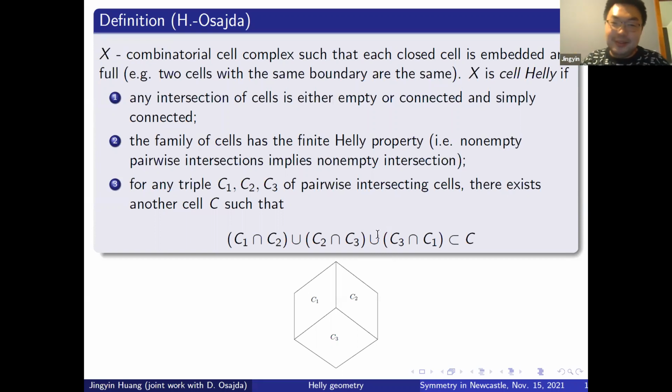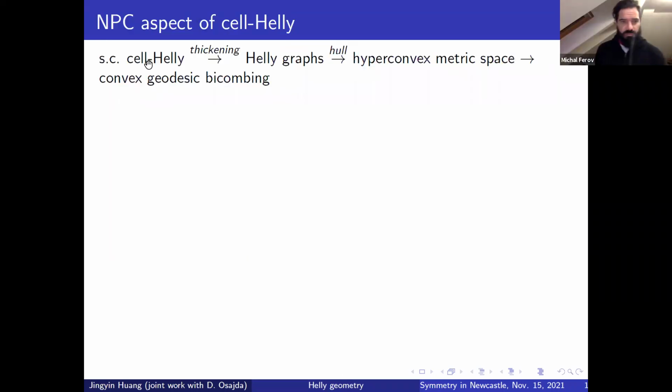So our next goal is to start from this cell Helly, which is the local and combinatorial version of non-positive curvature, and pass to a form of non-positive curvature which I call convex geodesic bicombing, which is a global version of non-positive curvature, and also a continuous version which is easier to work with.